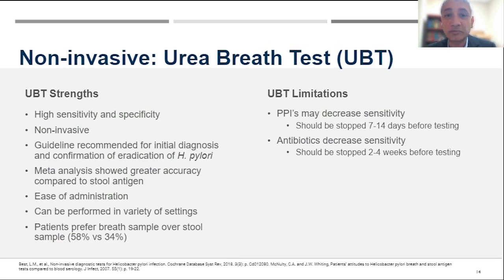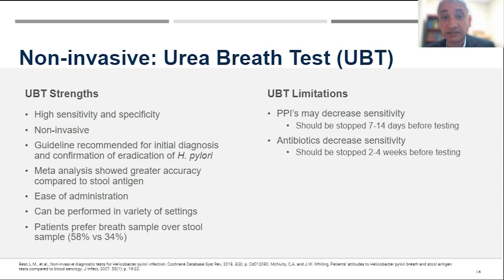Now, urea breath test also has some limitations. Like many of the other modalities, the sensitivity of urea breath testing tends to decrease in individuals who are taking a proton pump inhibitor. For this reason, it is recommended that H. pylori testing be performed 7 to 14 days after stopping or holding a proton pump inhibitor.